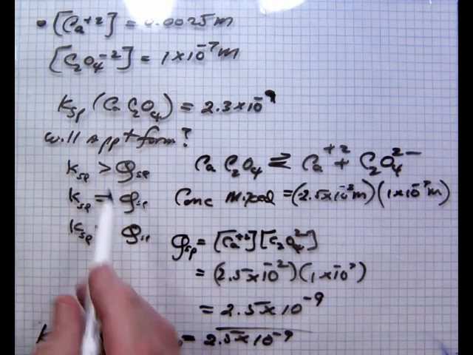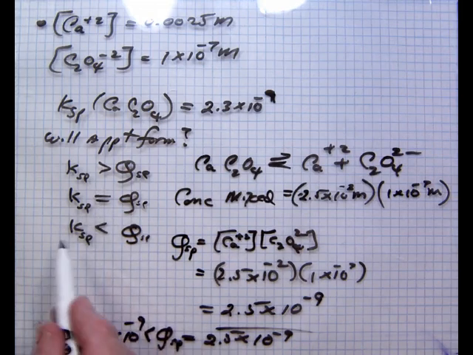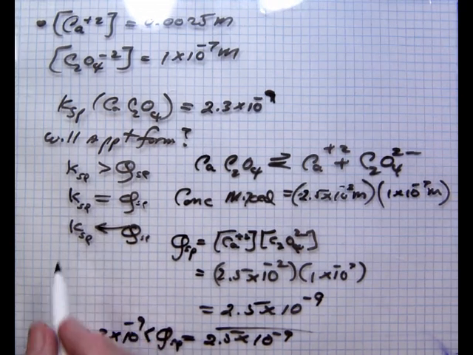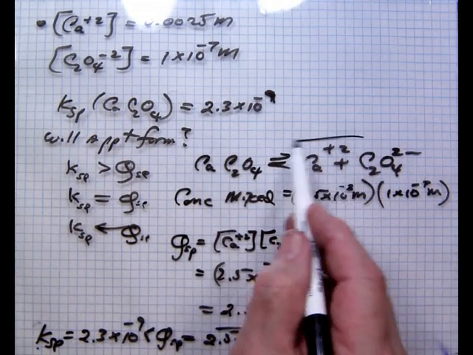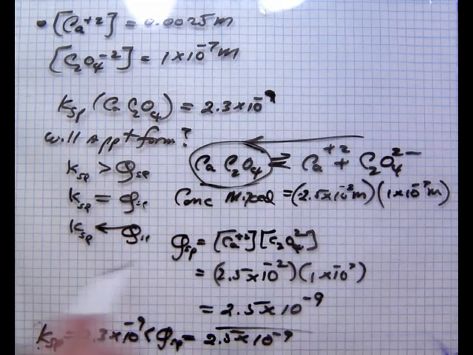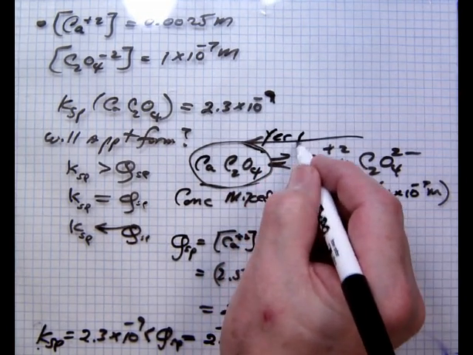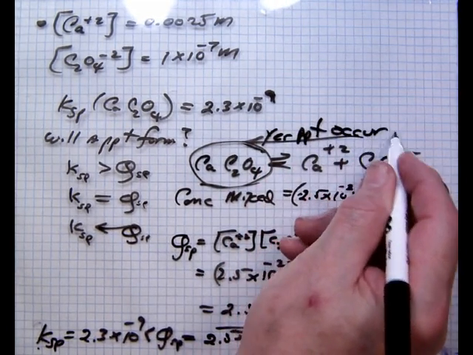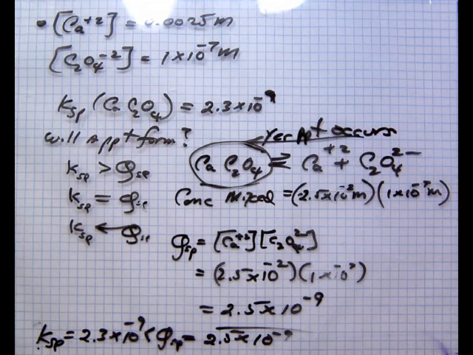So the inequality right here tells you the direction is going to shift. It's going to shift back to the left toward the solid. And yes, the answer is yes, precipitation occurs if you mix those ion concentrations together. So you take what they've given you, plug it into the Ksp expression, get a number, and then compare it to the Ksp value. They have to give you that, whoever they are.